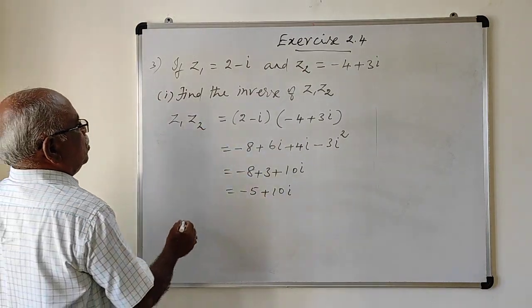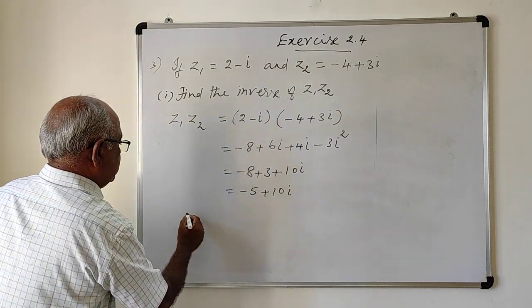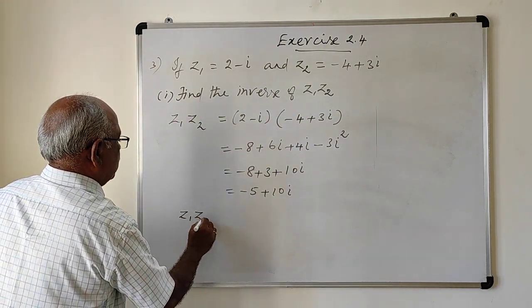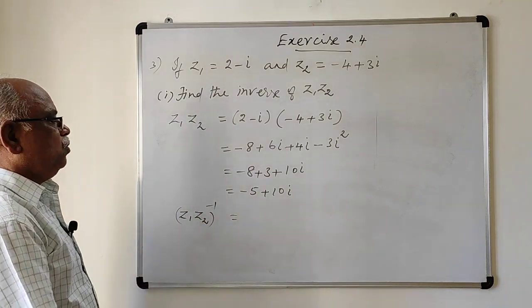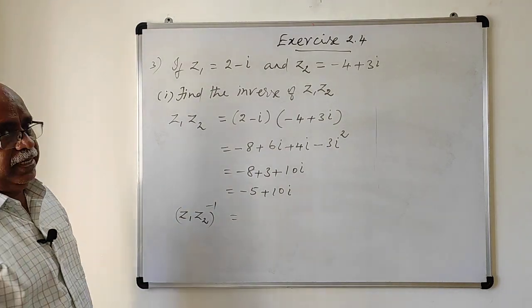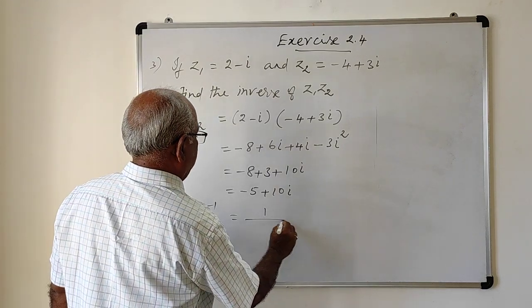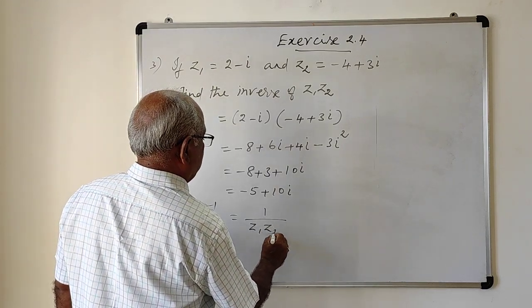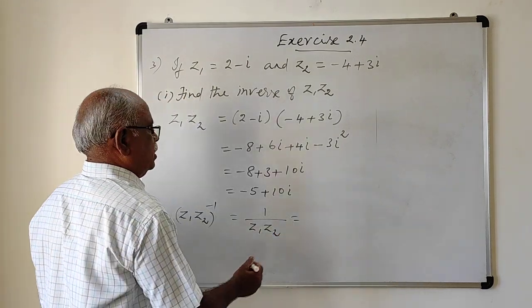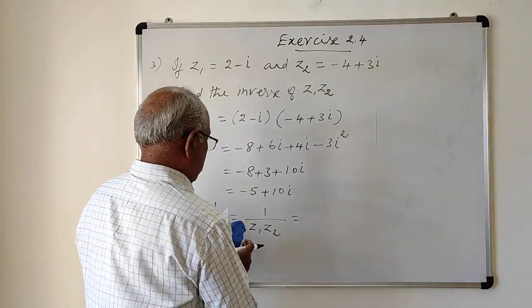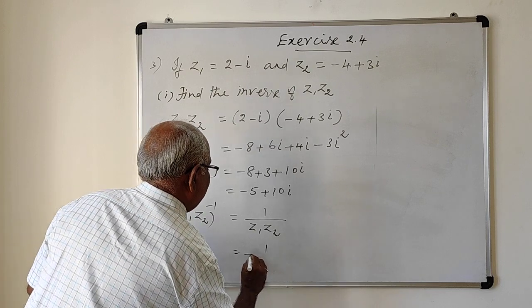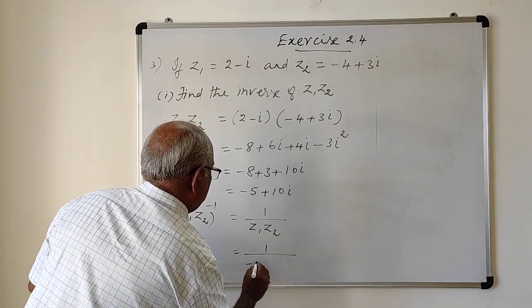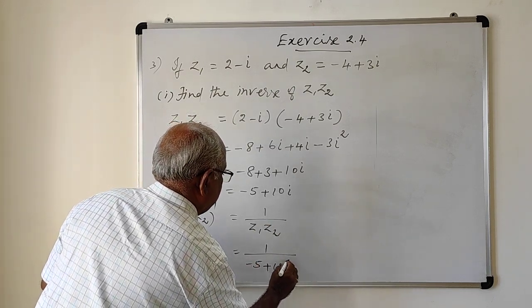Then the inverse of z1 into z2. I am asking to find out the inverse of z1 z2. That is 1 by z1 z2, which is equal to 1 by minus 5 plus 10i.